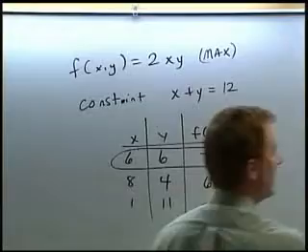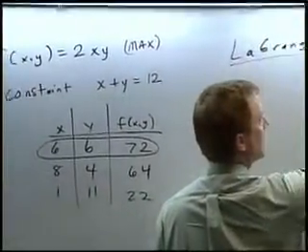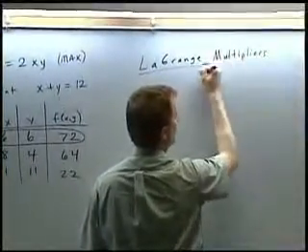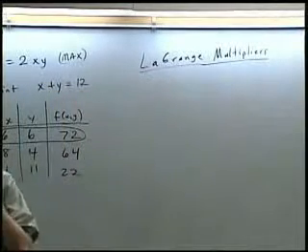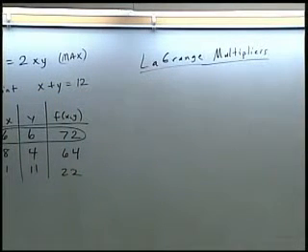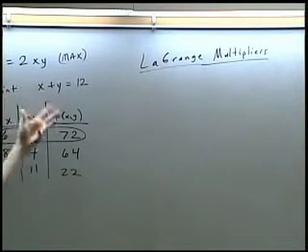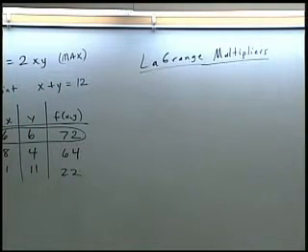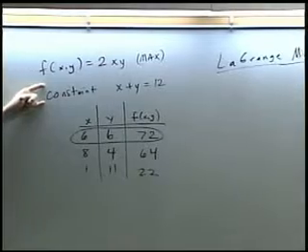The name of the method is using Lagrange multipliers to solve these optimization problems. And so we're going to be using this process to solve situations like this, where we've got a constraint on a situation.